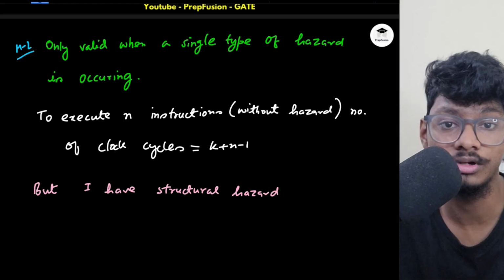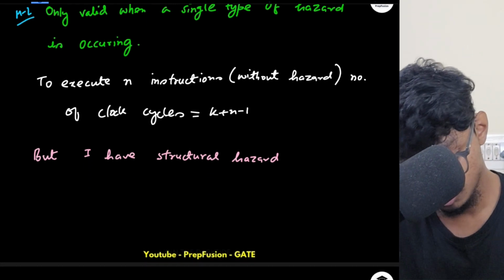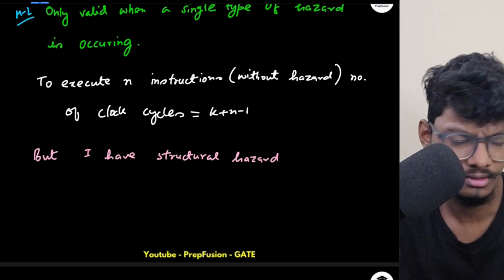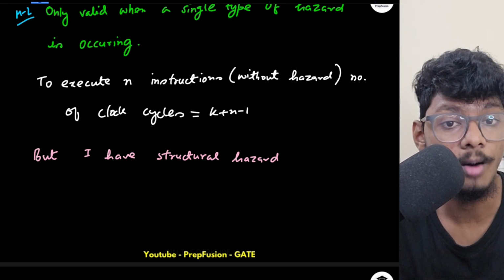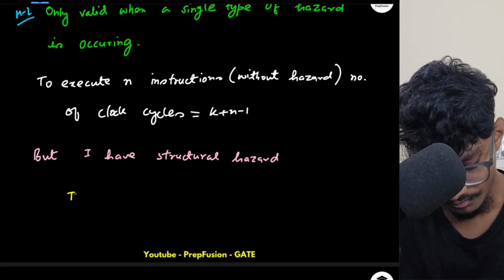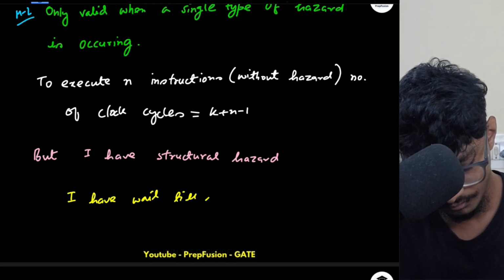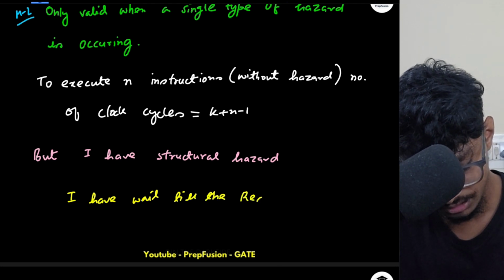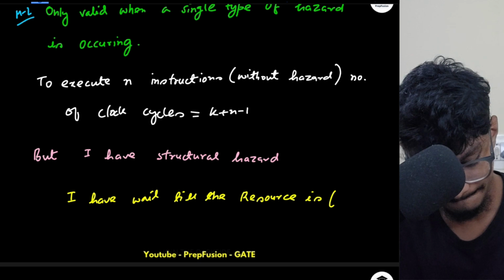So how many stall cycles do I have to give for a single structural hazard? If I have a structural hazard, this is the same as a branch instruction, right? So I have to give stall cycles. I have to wait till the resource is freed.